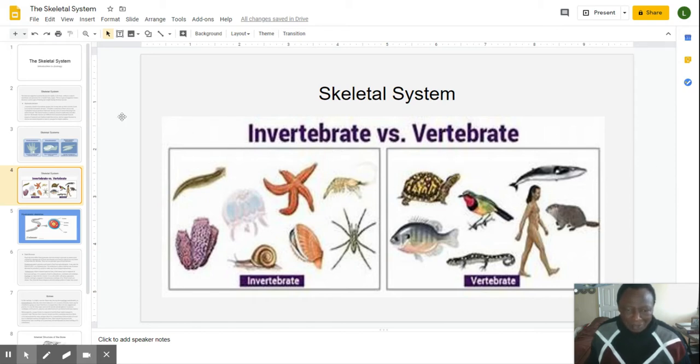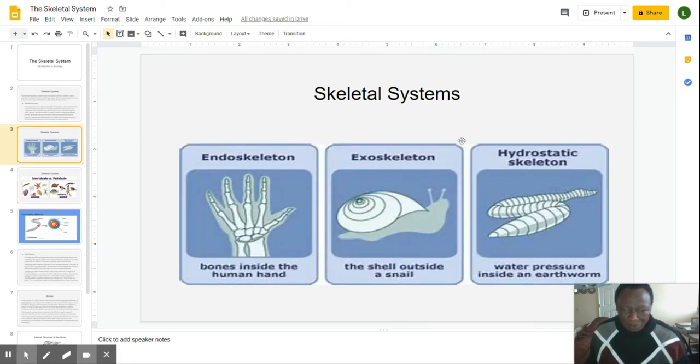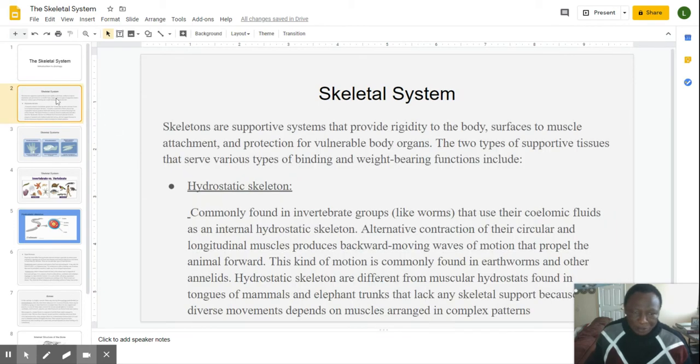Now, having clarified this point, there are three different types of skeletal supports within the organism. The first one is endoskeleton, bones inside the human body; exoskeleton, skeletal tissue external to the body; and hydrostatic skeleton, in which the water pressure inside the column of a muscular tube is used in propelling the animals forward.